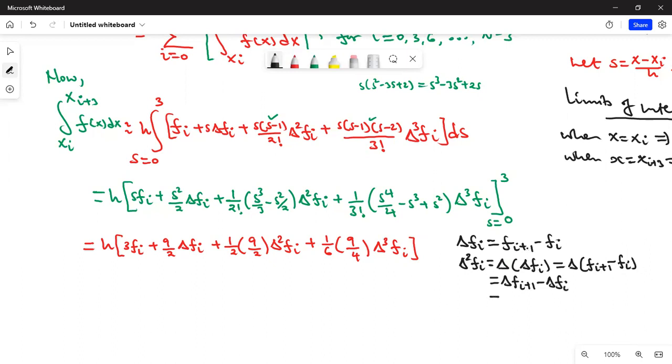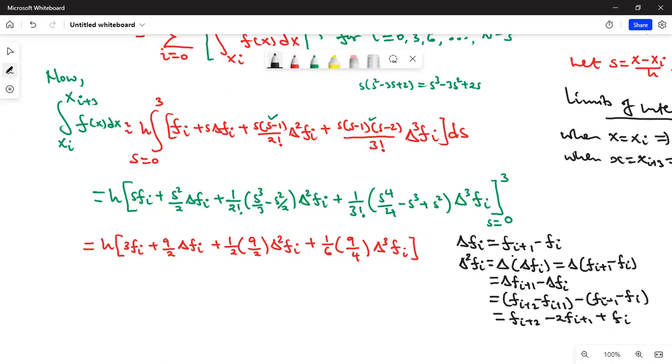And so this is the same as fi plus 2 minus fi plus 1, then minus fi plus 1 minus fi. When you simplify, you get fi plus 2 minus 2 fi plus 1 plus fi.